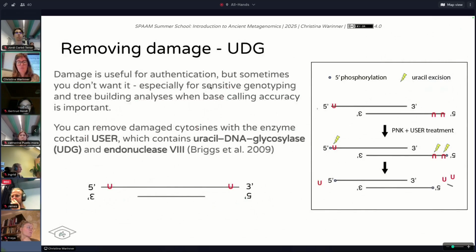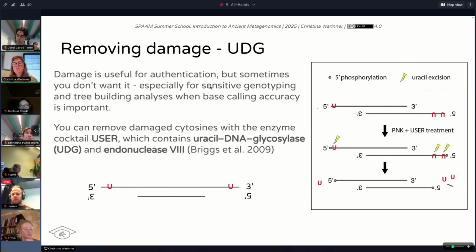There are some ways that we can remove this damage. For example, if we want to have really clean genotyping, it is possible to remove it. And this is often done using USER treatment, which stands for uracil DNA glycosylase combined with endonuclease 8. The first thing you do is you phosphorylate everything with PNK, and then you add the USER treatment.